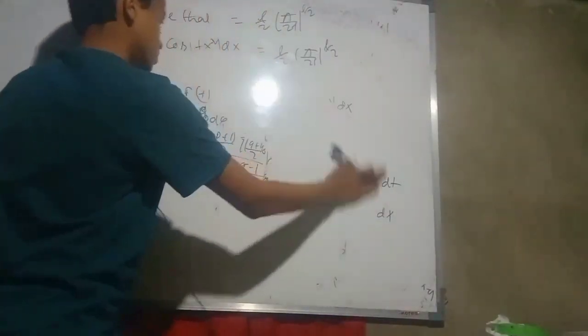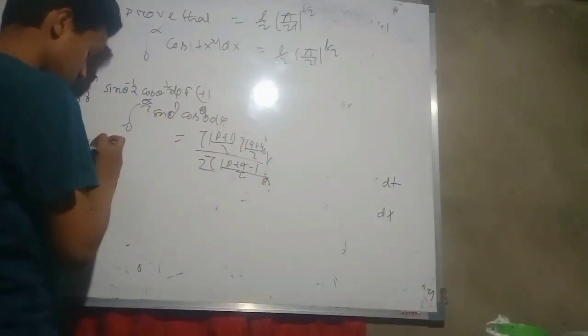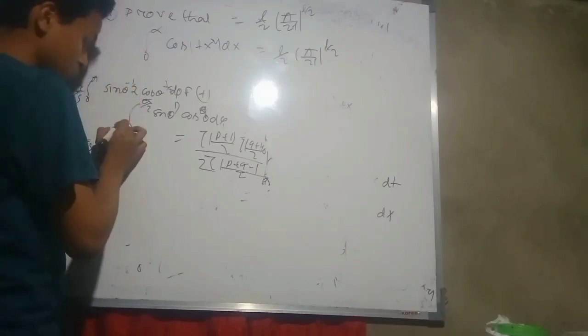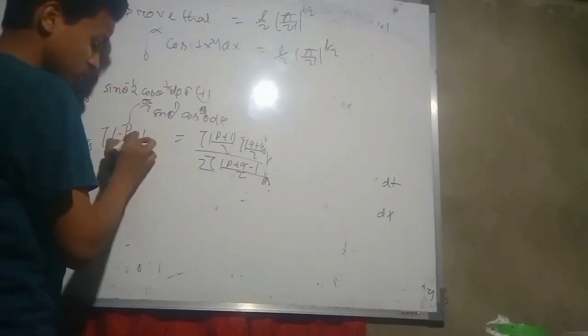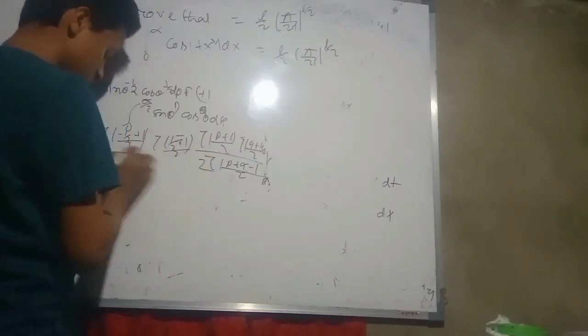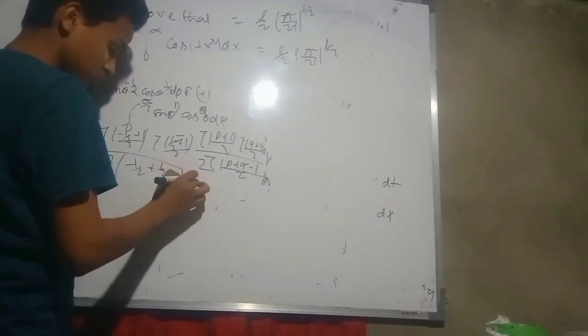If you want to write it, please rewind the video. That gives us root s by 2 times gamma of 1 by 2 plus 1 upon 2 and gamma of 1 by 2 plus 1 upon 2, over 2 into gamma of 1 by 2 plus 1 by 2 minus 1 upon 2.